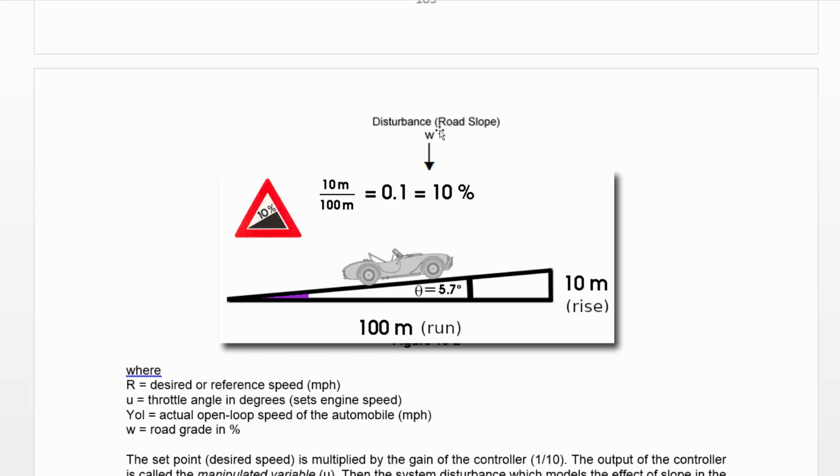It's a run, output or input. So you have what they call the rise in the road, and they call it the rise over run, or the run over rise sometimes. But it's the rise in Y in feet over the run, the length of the road. And you'll see these signs once in a while.